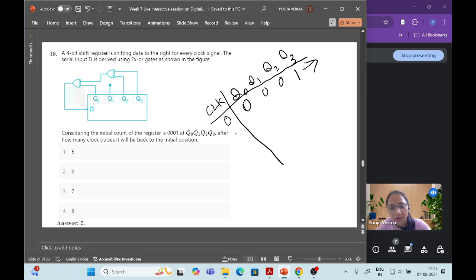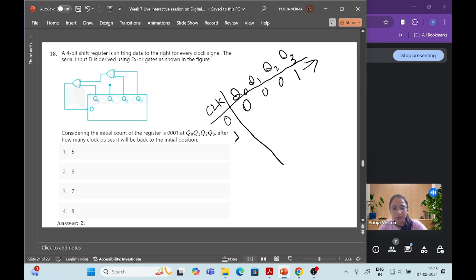Now when we apply the first clock pulse, we need to XOR Q2 and Q3, that means 0 and 1, because initially it is stored. If you XOR 0 and 1, the output will be 1, because it is an XOR gate. That 1 we need to XOR with Q0.